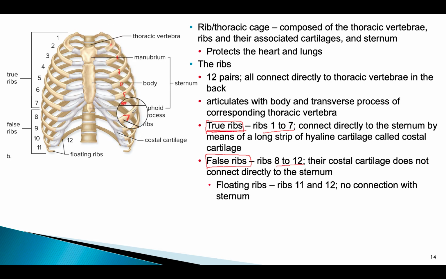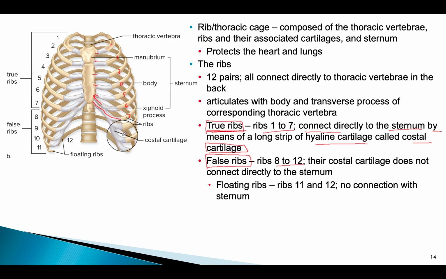The first 7 ribs are true ribs because they have a direct connection, there goes the direct connection of rib number 7 to the sternum. They are connected directly to the sternum by the hyaline cartilage known as your costal cartilage.